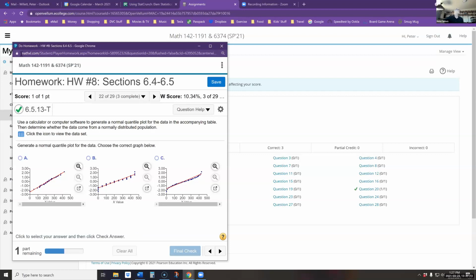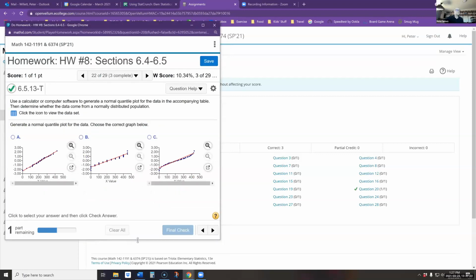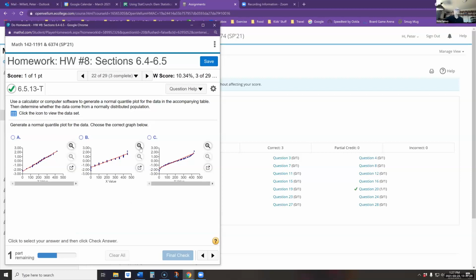I would point out that the choices are fairly similar, meaning that while we could possibly draw different conclusions, they don't look drastically different from each other. We would need to have something comfortable to look at to draw conclusions safely. And so we're going to need to make a quantile plot, a QQ plot, and compare it to these so we can choose correctly.